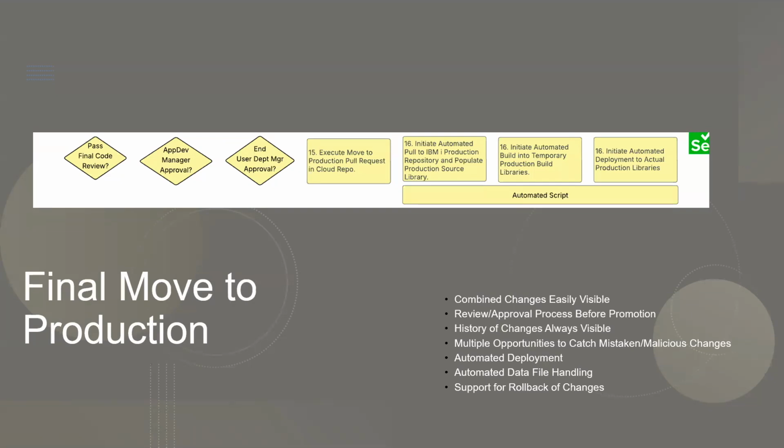The source of truth becomes the Git repository, not what's in my libraries. Because, again, on the IBM i, if I have enough authority, I could go in and make changes in those libraries that are not being tracked by the change management process. If the Git repository is my source of truth, the only way to make those changes is getting into that Git repository, and everything I do in the Git repository is going to get tracked.